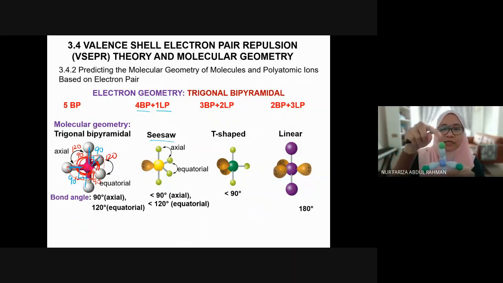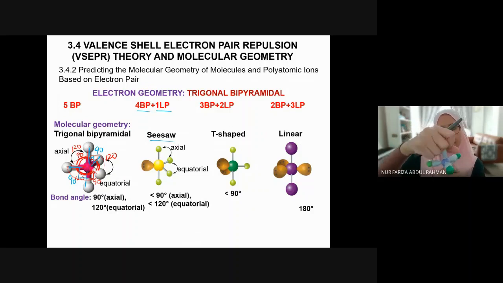Compared to if we place it on the axial, there would be 3 electron groups there. So the repulsion would be higher. If we place it at any of the equatorial positions, it will only feel two bonding pair repulsions there compared to if we place it at the axial here.